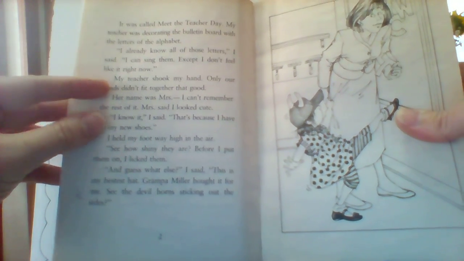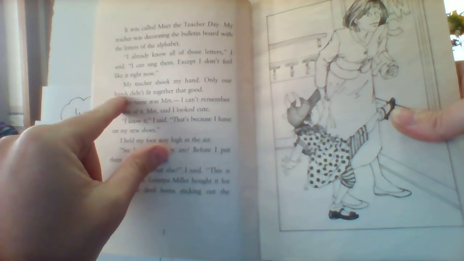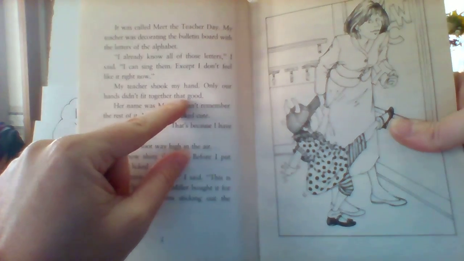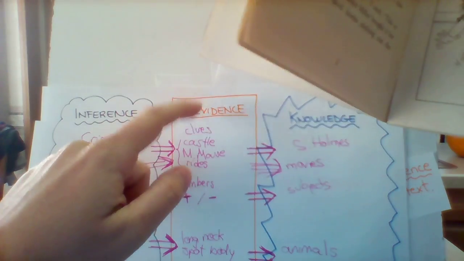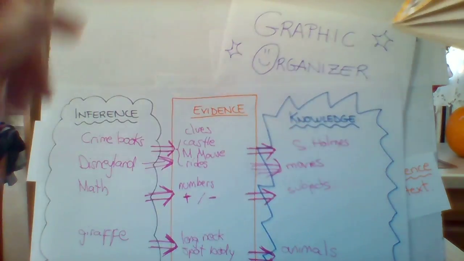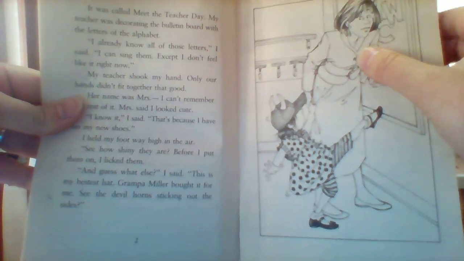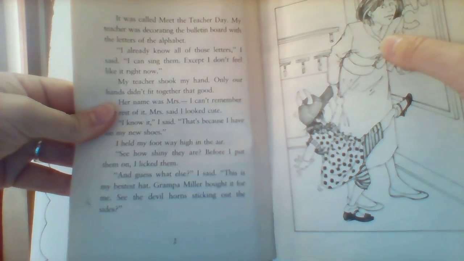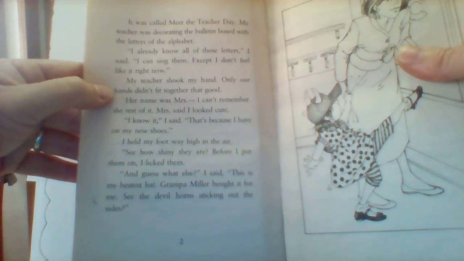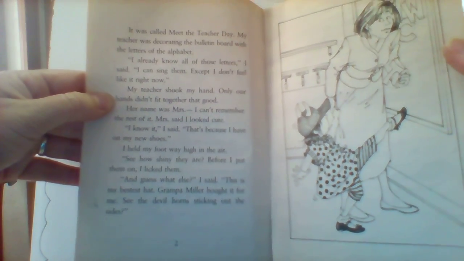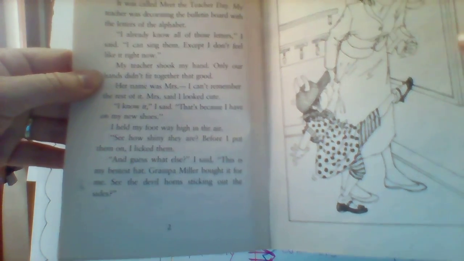The evidence in the text is that their hands didn't fit together good. So if I use this evidence from the text and my knowledge, I know she's a little girl and I know the teacher is an adult. So I can infer that their hands had different sizes. All right.